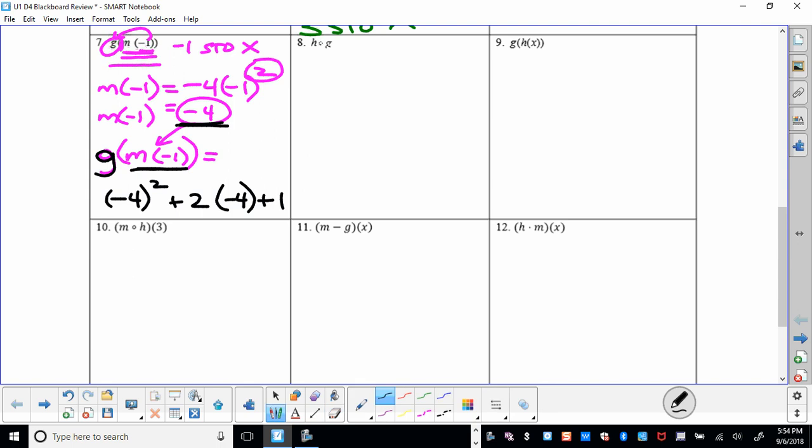You could type that in on your calculator, or use PEMDAS. You would get -4 squared is negative times negative, that's +16. And this would be a -8, plus -8 plus 1. So 16 minus 8 plus 1, that would be 9.